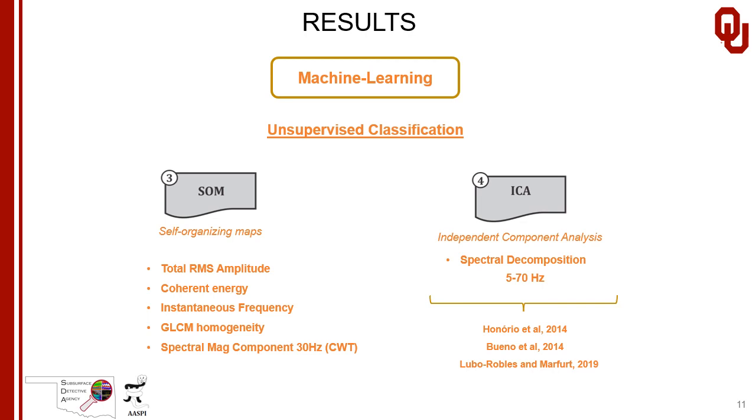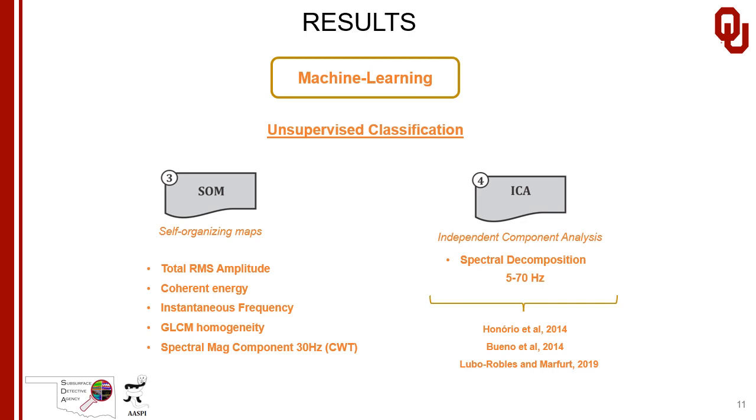In this study, we used this algorithm to extract the spectral response that can better delineate seismic features associated with different geologic features. So, 14 spectral magnitude components from 5 to 70 Hz were used as inputs.